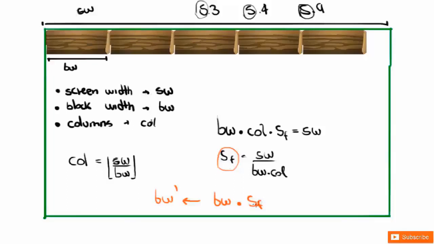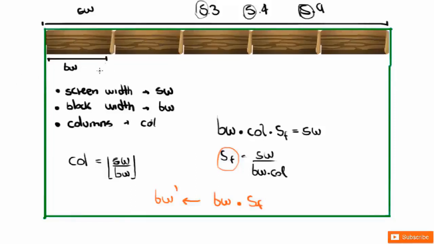So this SF is actually what drives the width of the block. Of course, we're going to end up stretching our textures maybe a lot, but this is going to give us the effect of always filling all the screen, exactly as we did here.